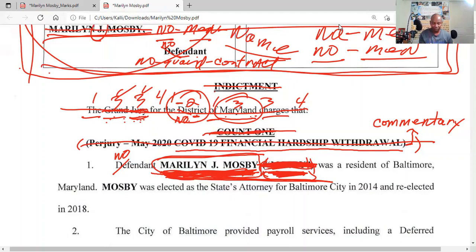So remember, here, this does not represent that. Already we have a bunch of acronyms, and we don't know what these acronyms mean. So this is not a substitution for this. And we must remember that this does not say Marilyn Mosby.